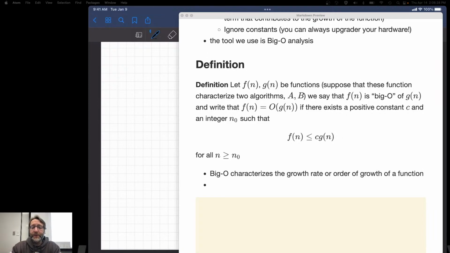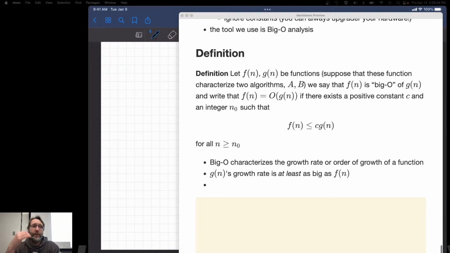It basically states that g of n's growth rate is at least, and let me emphasize that, at least as big as f of n. It says that f of n's growth rate is bounded above by g of n.